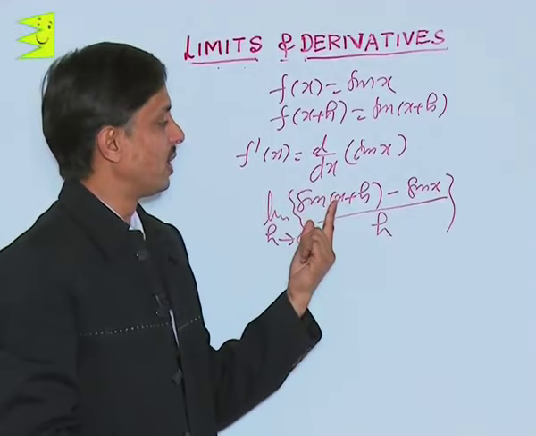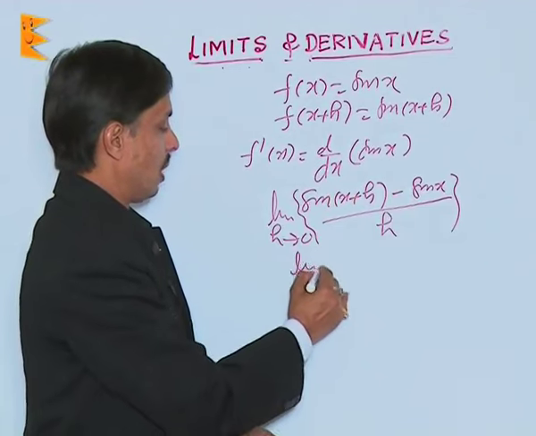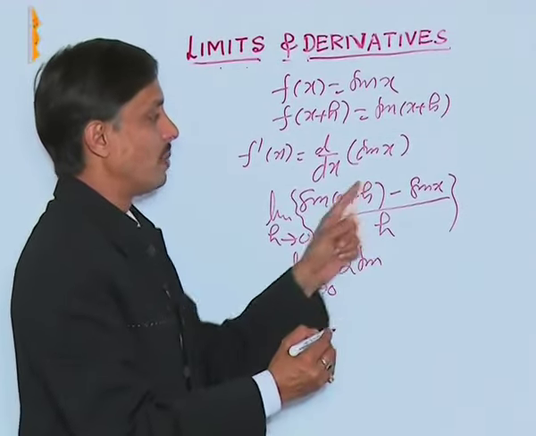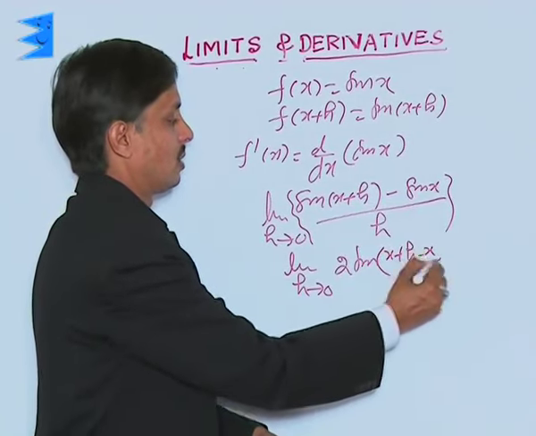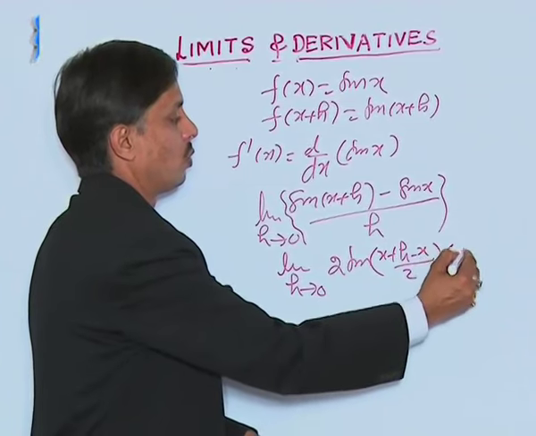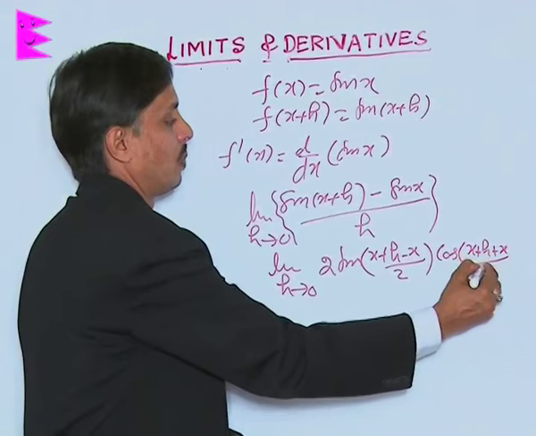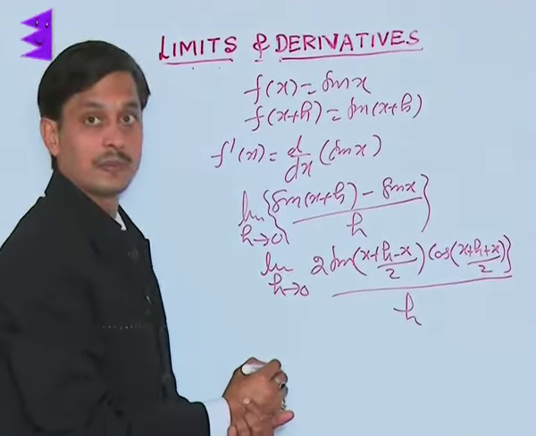Here we need to remind the trigonometry formula for sin C minus sin D. This becomes limit h tending to 0 of sin((C−D)/2), that is (x+h−x)/2, into cos((C+D)/2), that is (x+h+x)/2, entire divided by h.